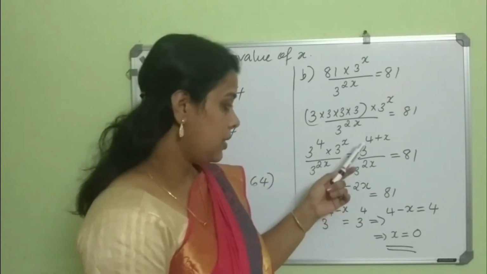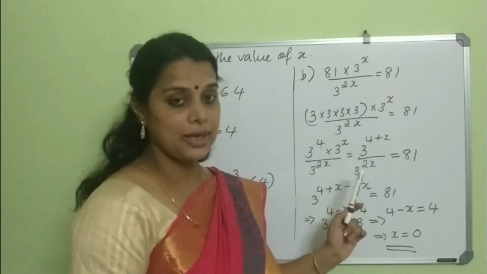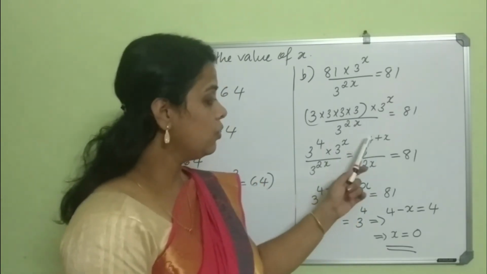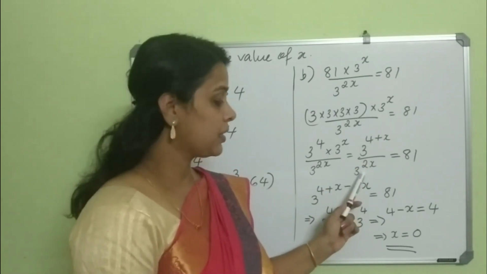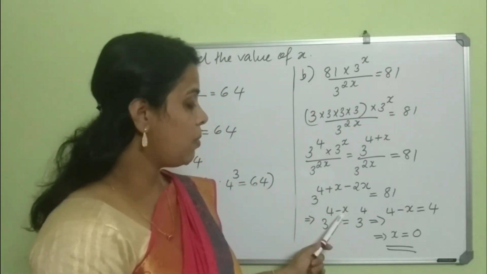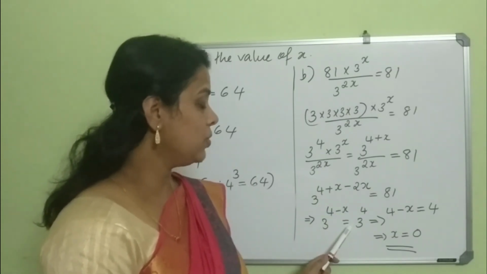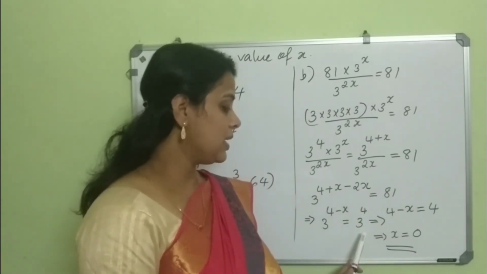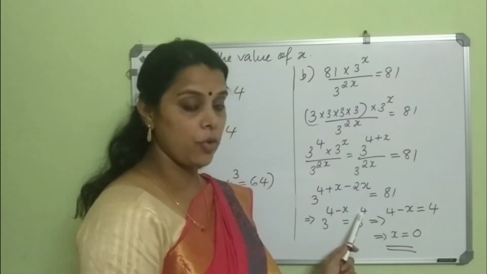Now, if base is same, exponents we need to subtract. That is 3 raised to 4 plus x minus this 2x is equal to 81. x minus 2x, we will get 4 minus x. 3 raised to 4 minus x is equal to, we already know 81 is 3 raised to 4. We can make this 81 as 3 raised to 4.